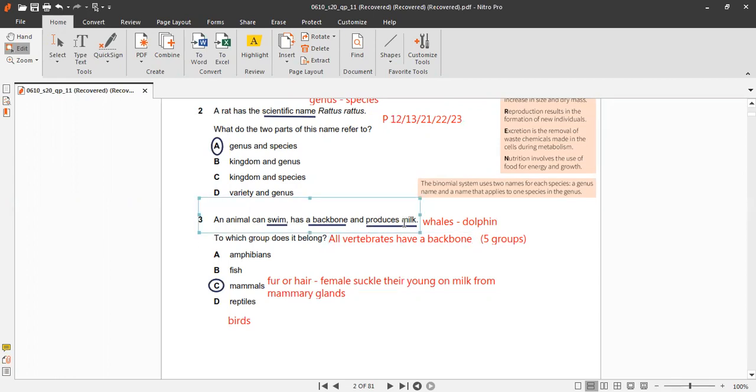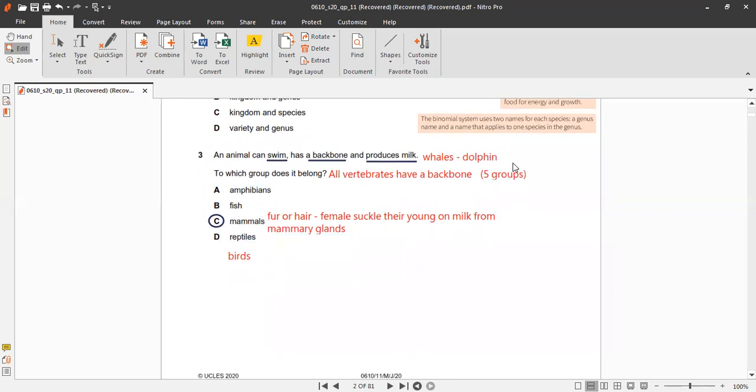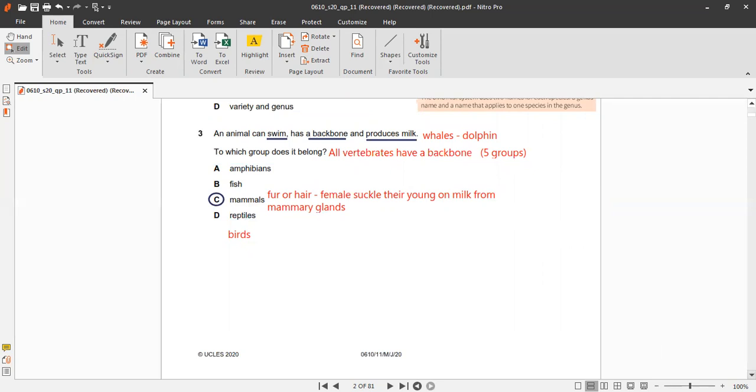And produces milk: the only group that produces milk is mammals. So the correct answer is C. Like whales and dolphins, which can swim, have a backbone, and produce milk, they are mammals.